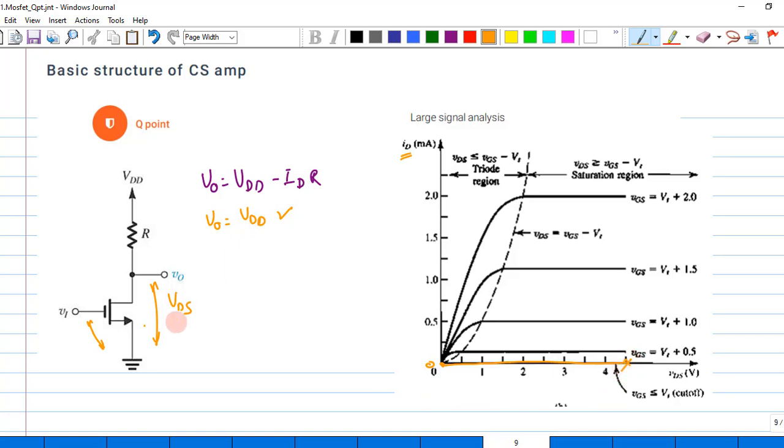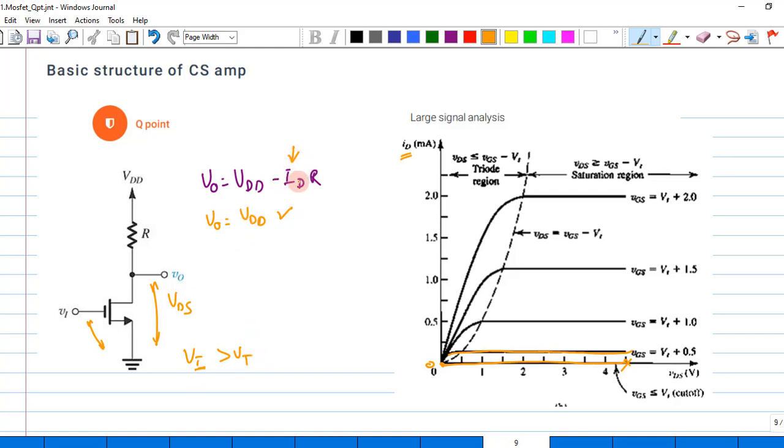Now, as I increase the value of VI beyond VT, the transistor slowly turns on, and there is a small amount of current, which could be represented by a graph that goes something like this. There is a very small current when VI is a little bit greater than VT.